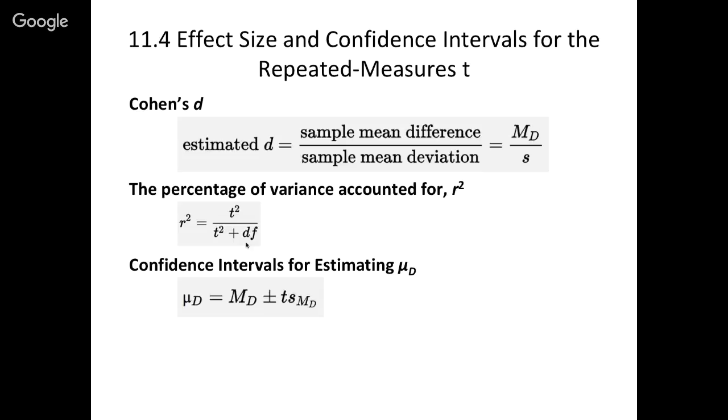For example, the one sample t-test and the independent measure t-test. So the formulas are always the same. You just need to compute the t and the df. So you see here, because the standard deviation is independent of the sample size, the Cohen's d will not be influenced by the sample size.